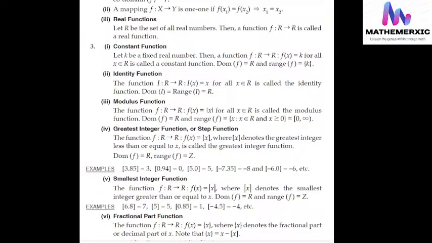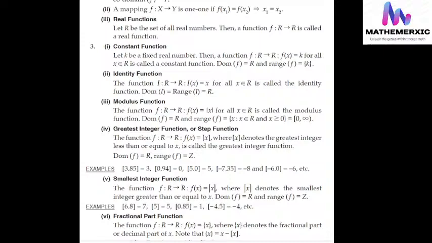Integer function or step function. The function f: R → R so that f(x) = [x], where [x] denotes the greatest integer less than or equal to x, the greatest integer step function.